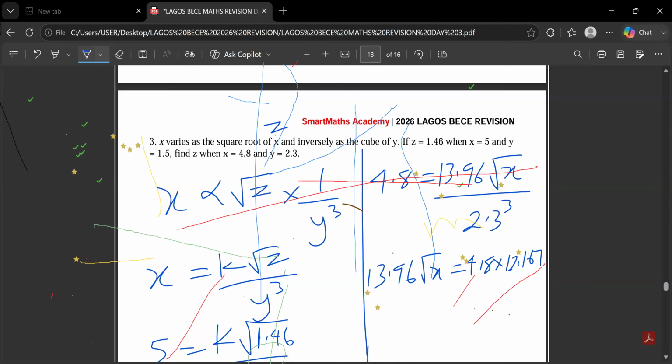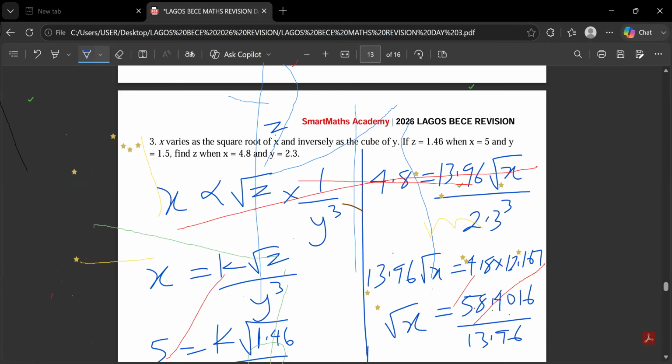Let's multiply it by 4.8. This will give us 58.4016. So divide by 13.96, and we have the square root of x left here.